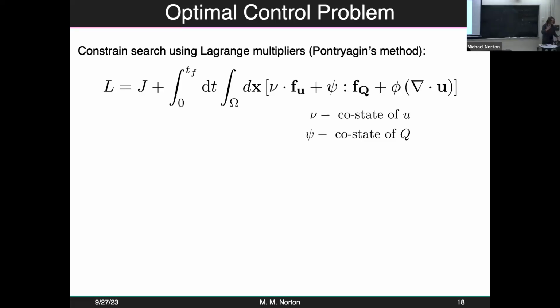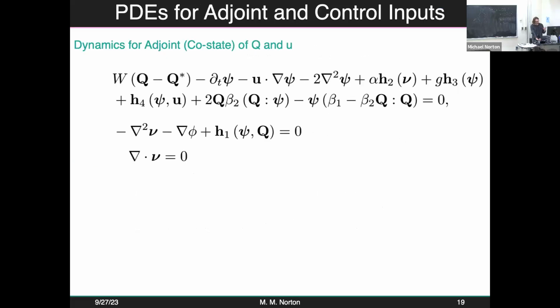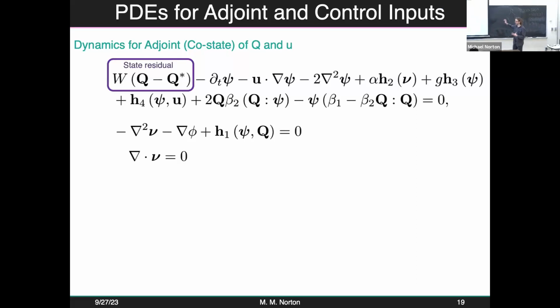We use something called Pontryagin's method to find the optimality conditions for this system. It does get a little bit hairy, and we're not going to go through this term by term, but this is the PDE that you get for those Lagrange multipliers. These Lagrange multipliers are not constants; they're governed by their own PDEs.